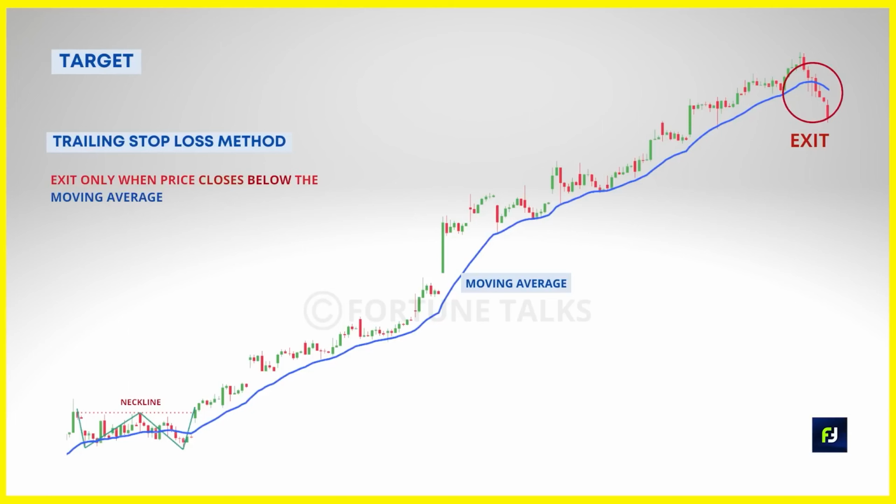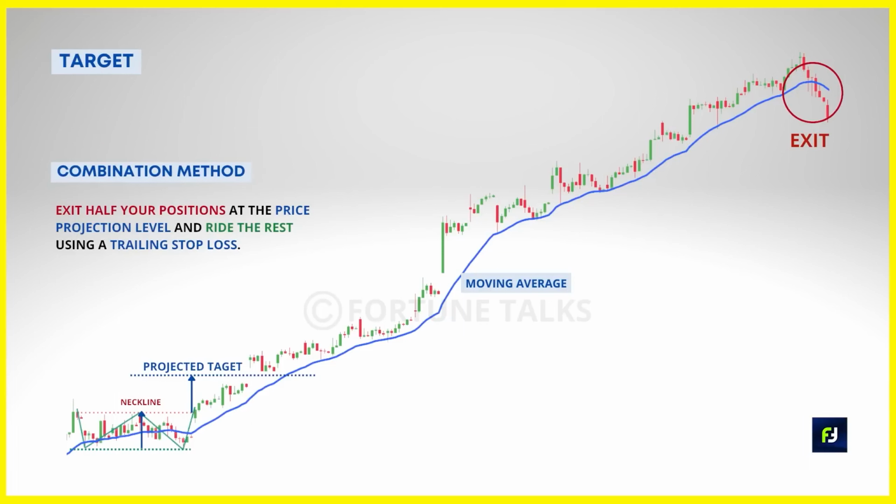And we will exit our trade only when the price crosses below these moving averages. The final method combines both these methods. You exit half your position at the price projection level and ride the rest using the trailing stop loss so that you will be able to lock in some profits and not lose money if the market reverses.